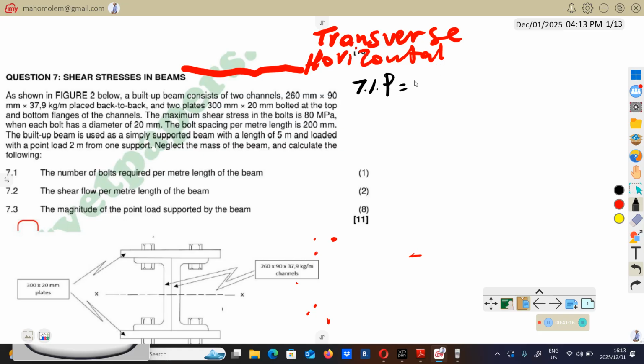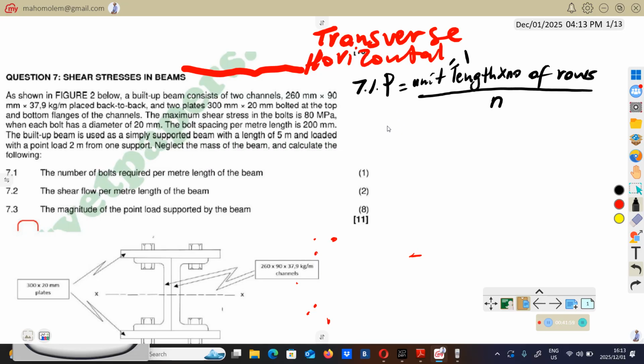I'm going to just use P equals unit length multiplied by number of rows of bolts divided by total number of bolts, which is N. So now, since we're looking for per meter length, this one is going to be 1 per meter length.